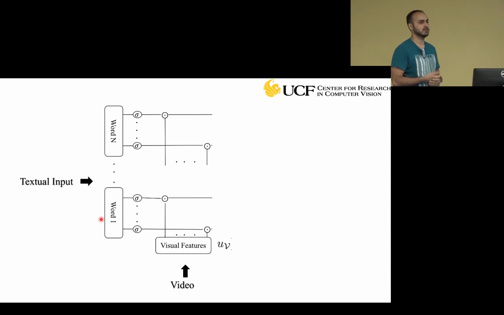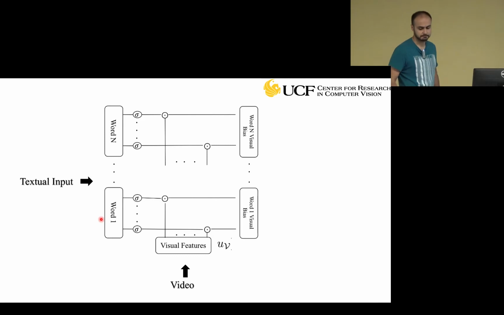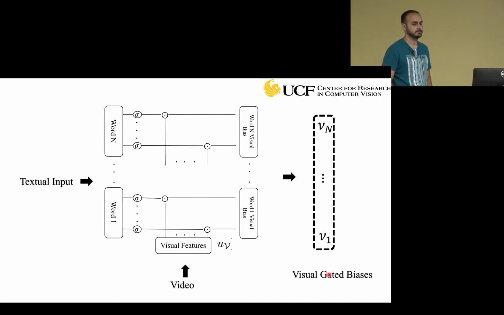But some words like good, bad, is, the, they don't have a specific appearance. So we have to behave differently based on the words. The output of this gating process is the visual biases, word 1 to word n, and we call them v1 to vn.